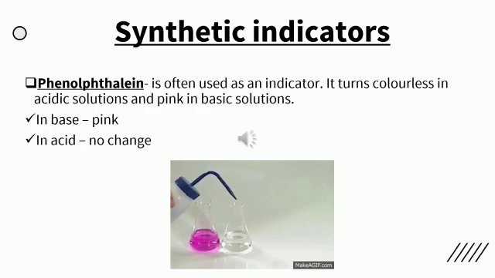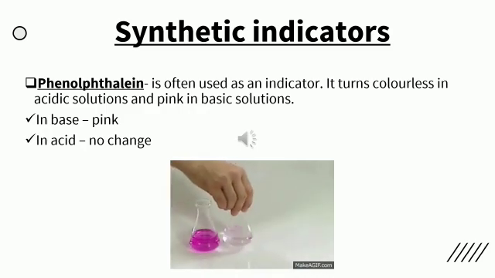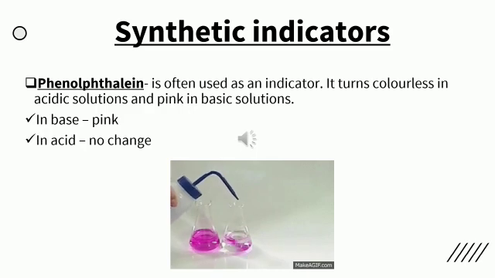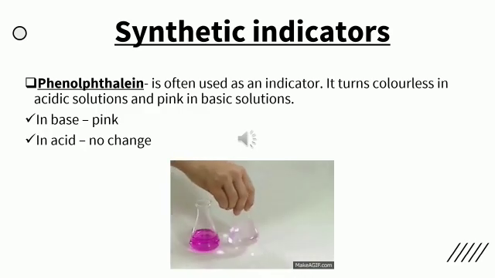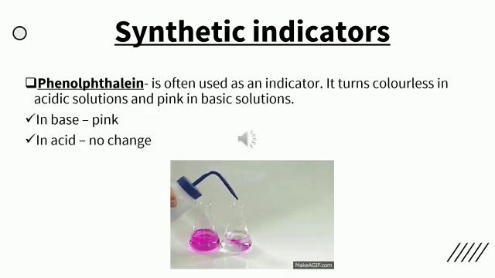Okay. So if you take examples of bases like sodium hydroxide, all these bases turn pink when you add phenolphthalein indicator. When you add it to HCl or any acid solution, it doesn't show any sort of color. Okay, and this is about the indicator phenolphthalein.